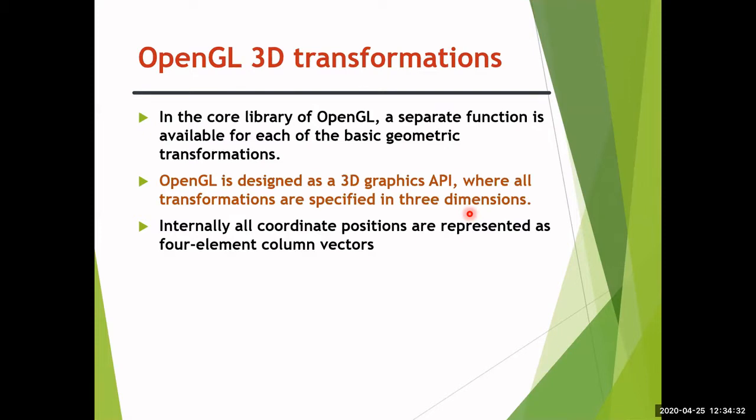Internally, all coordinate positions are represented as a 4-element column vector. Our coordinate position for each and every point P is X, Y, and Z. We have 3 coordinate positions, but this is actually a 4-element column vector.